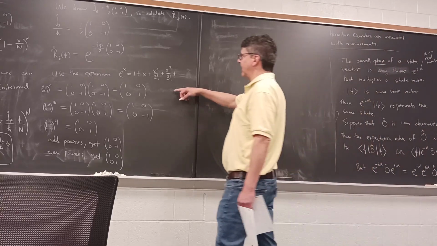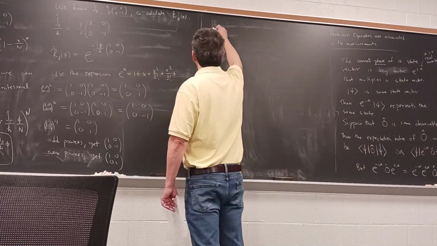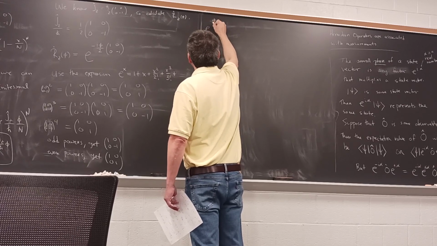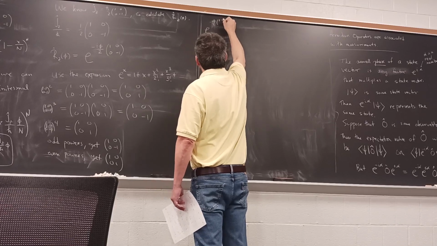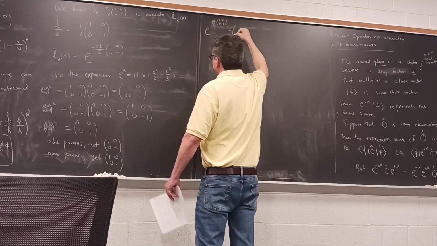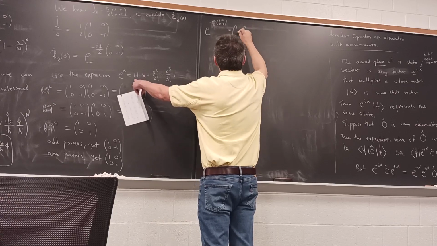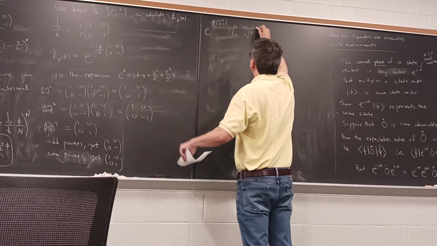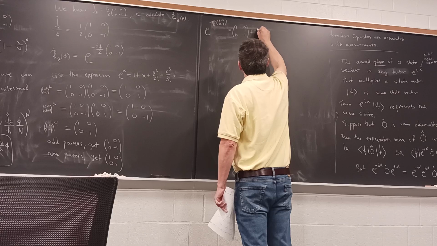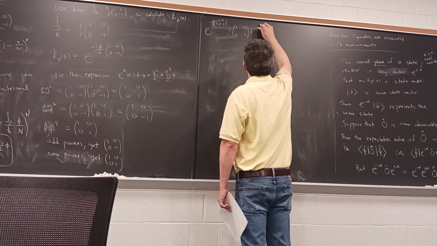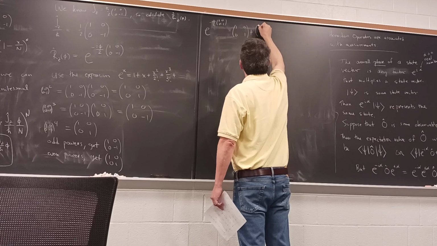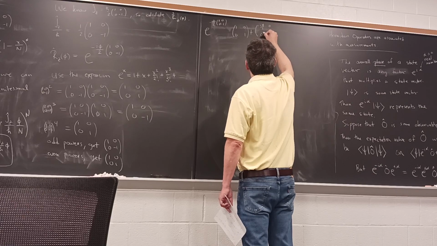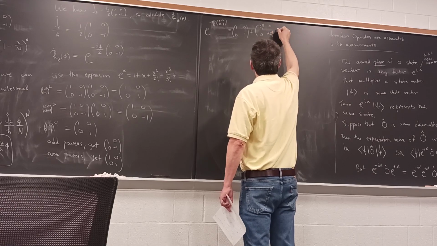Okay, so now we can go ahead and write it out a little bit. We have e to the minus I phi over 2, 1, 0, 0, minus 1. This is equal to the identity matrix first, so 1, 0, 0, 1, plus the whole thing up here, which is minus I. Let's bring it all in here: minus I phi over 2, 0, 0, plus I phi over 2.